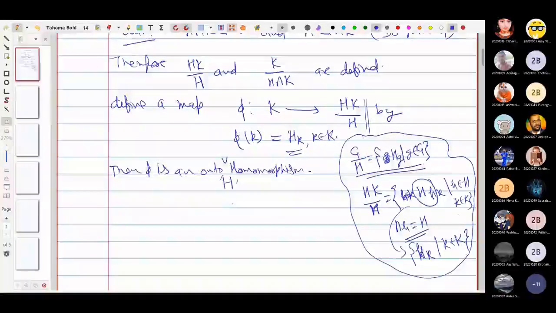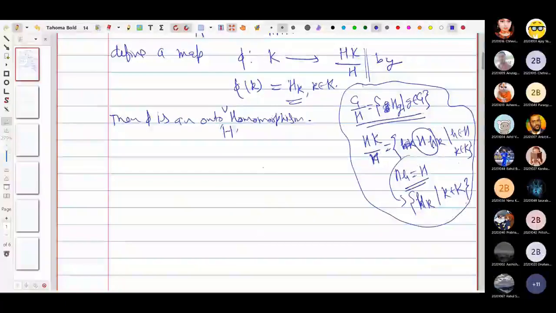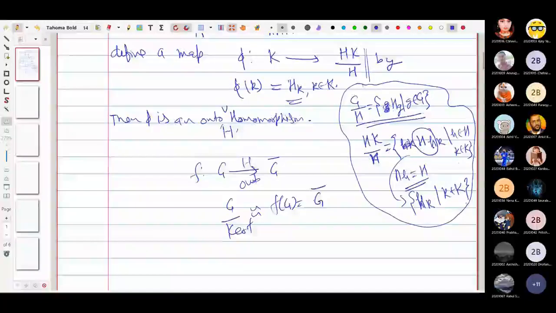So now we can recall the first theorem. Yesterday we proved that if there are two groups G and G bar, and f is a homomorphism from G onto G bar, which is one-to-one and onto, then G by kernel of f is isomorphic to f of G, or we can say that this equals G bar. So what we need to prove? We need to find a map which is a one-to-one onto homomorphism.